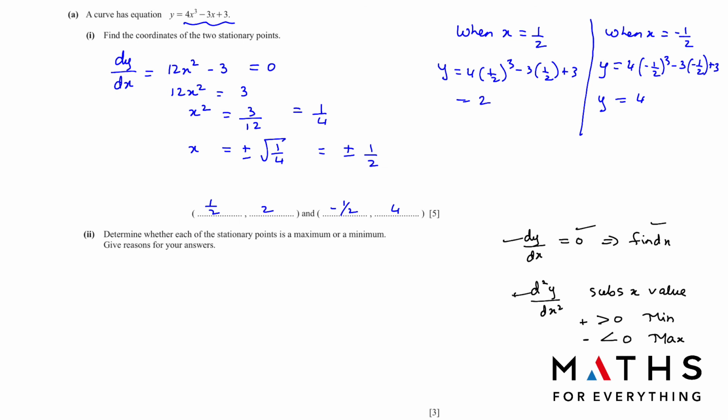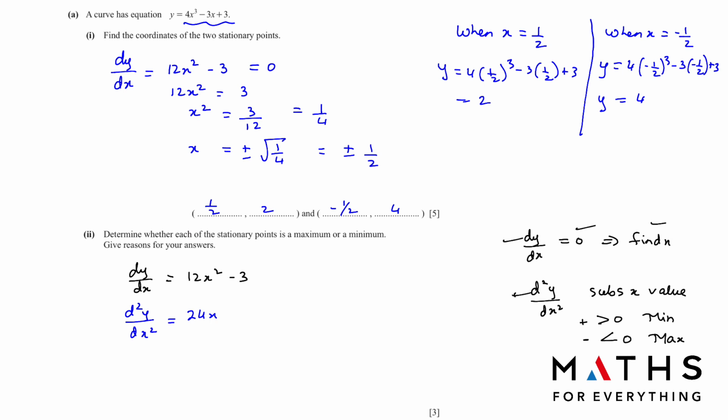We have to differentiate it again. Let's write down our dy over dx. We'll differentiate it again. 12 multiplied by 2, 24x. Negative 3 will be 0.